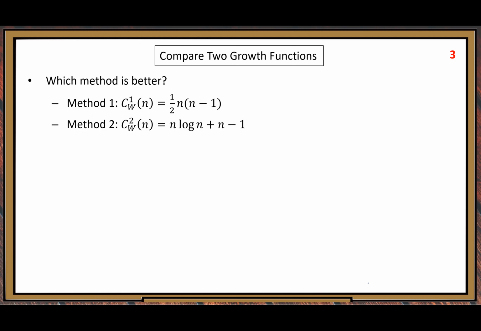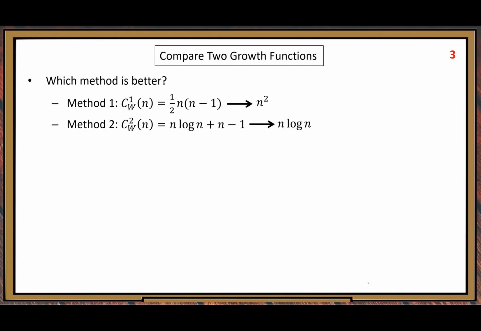When we do comparison, we need to get their growth functions first, because the growth function is the simplest expression to describe the individual efficiency function. The first growth function is n squared. The second growth function is n log n.